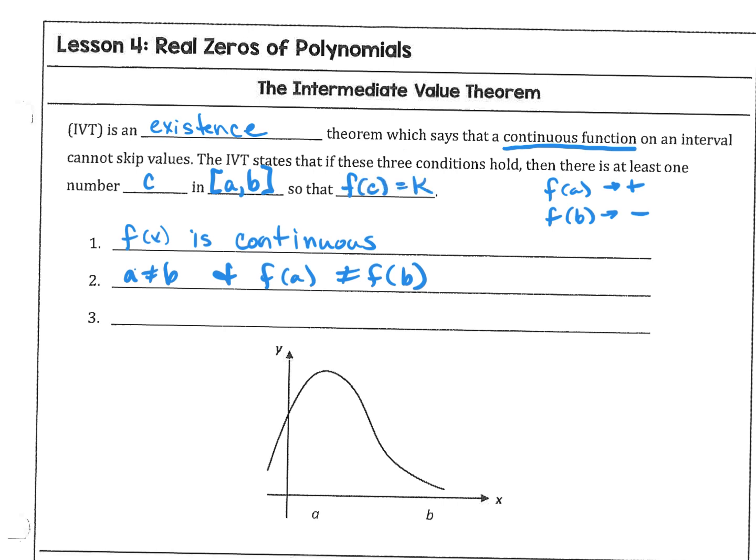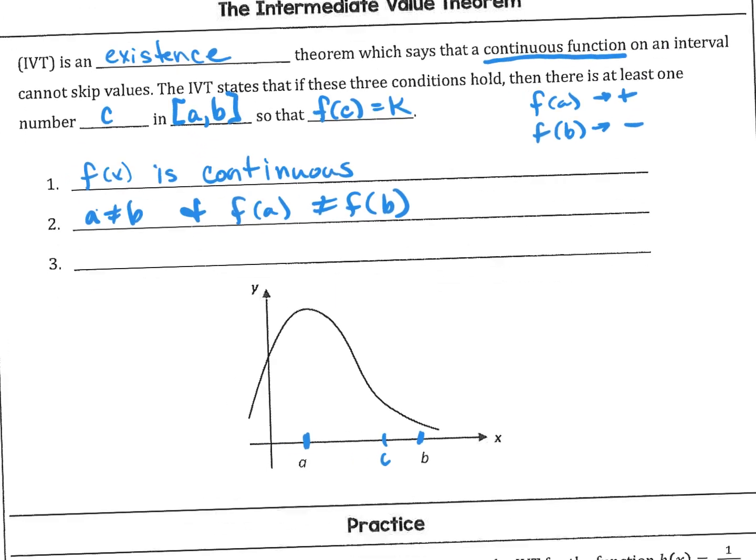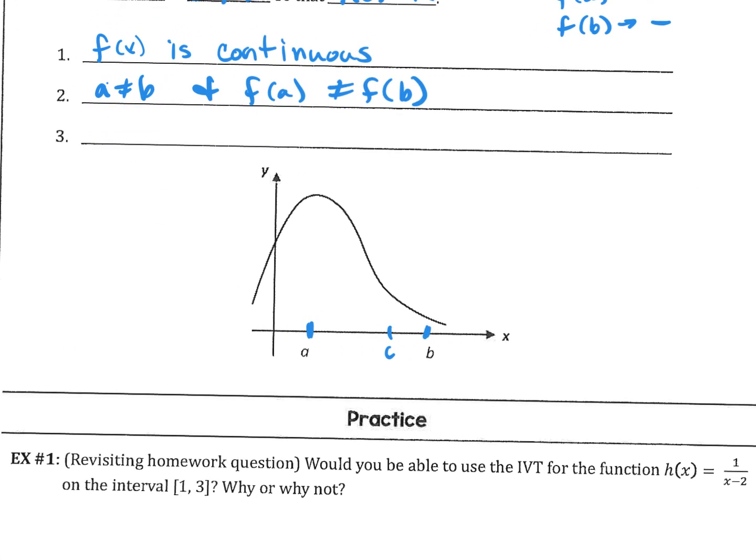If we plug c in, we have to get some other value of y. Now, here's the thing. If c lies somewhere between a and b, so here's a and here's b, and we're going to say c is here, then f of c has to lie somewhere between f of a and f of b. That's what it's saying. Okay?